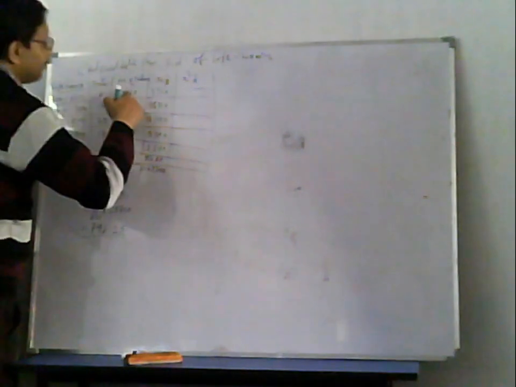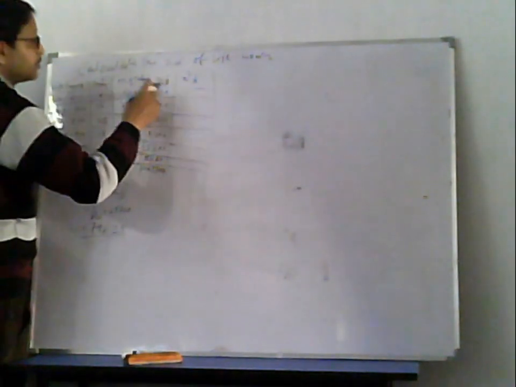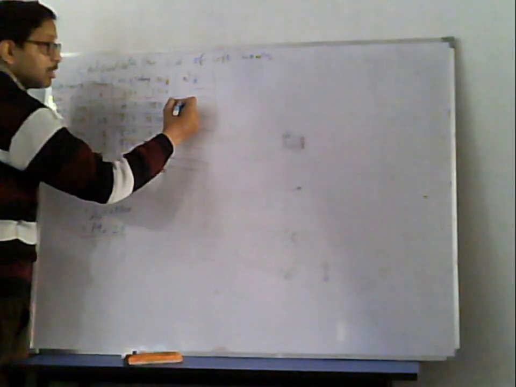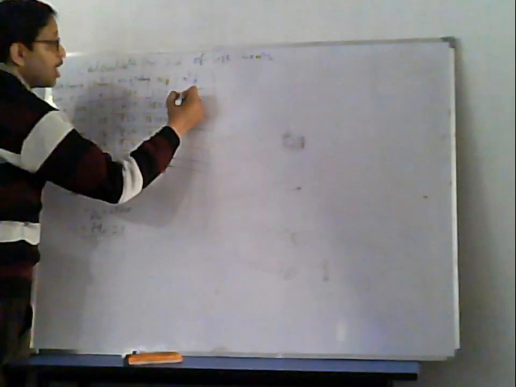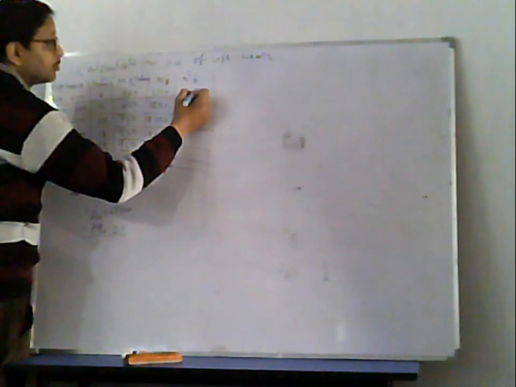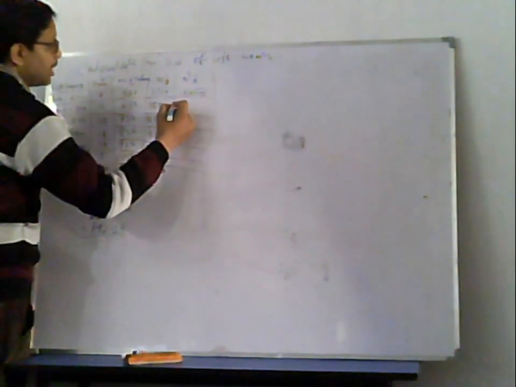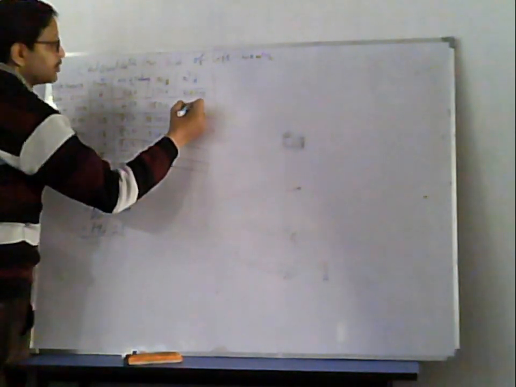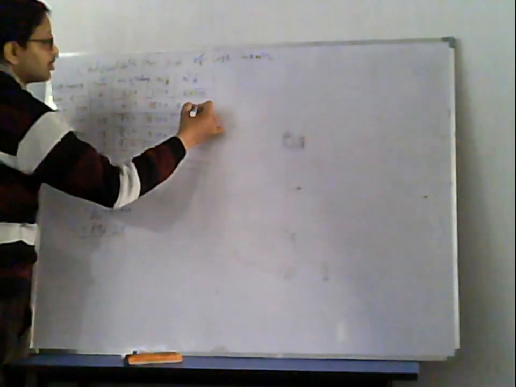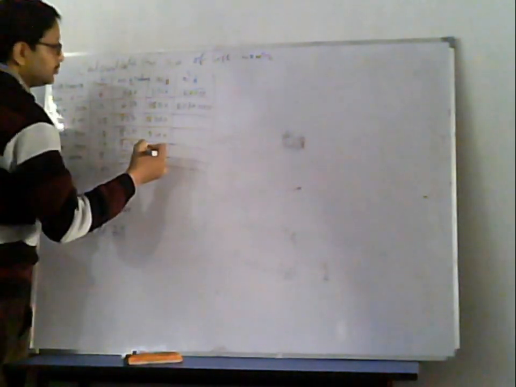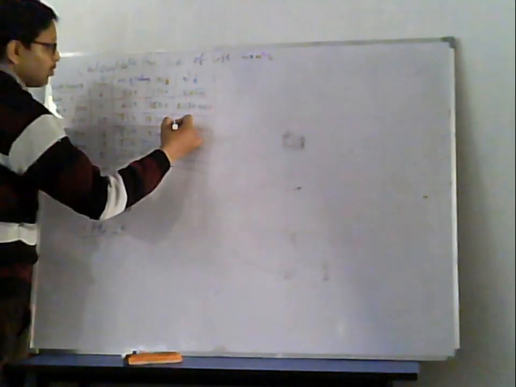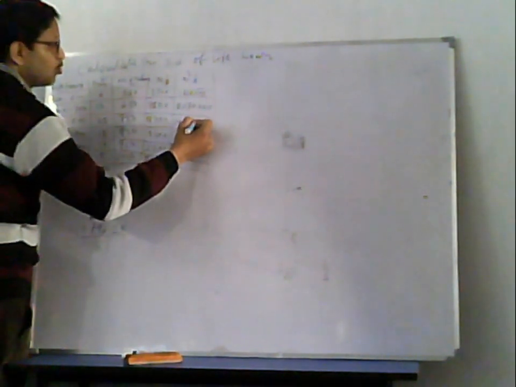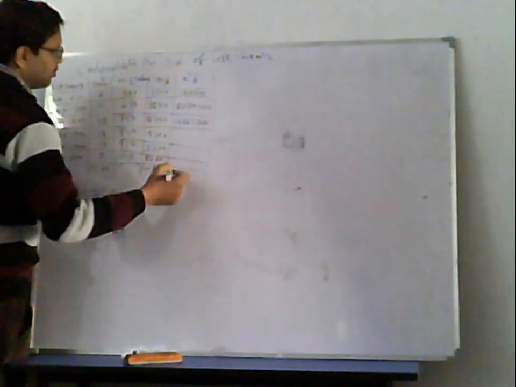First, 550 put in your calculator. 550 into 3300. Tell me. 1815000. Next, 5070000. Next, 1406 2500.